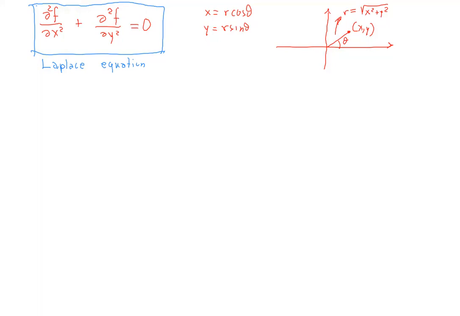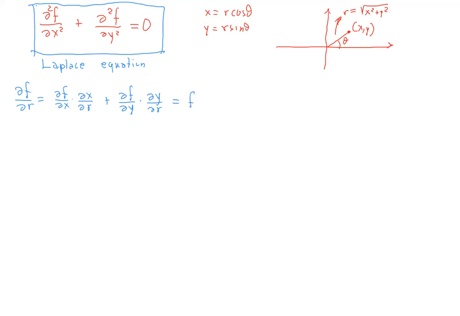So let's begin with the partial derivative with respect to r. So the partial derivative with respect to r will be the partial derivative of f with respect to x times the partial derivative of x with respect to r, plus the partial derivative of f with respect to y times the partial derivative of y with respect to r. And let's make our life a little easier. Let's use the subscript notation, which is a little more concise.